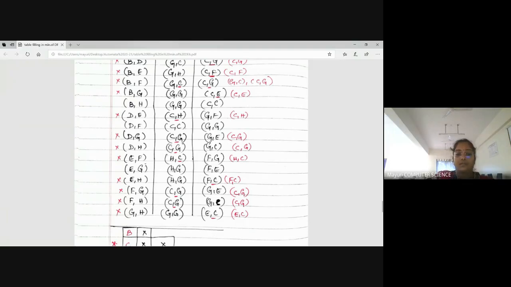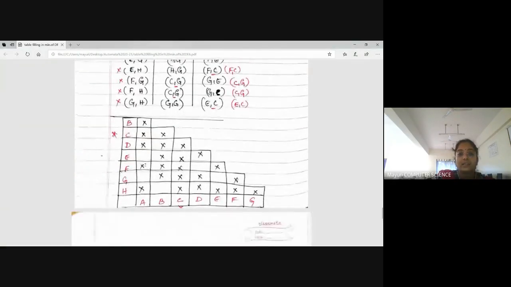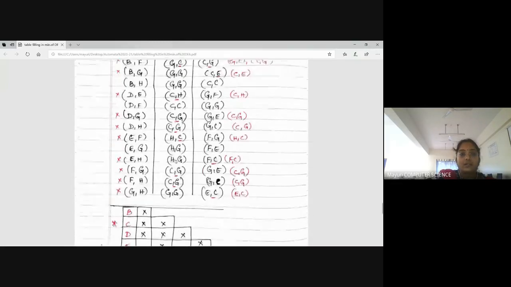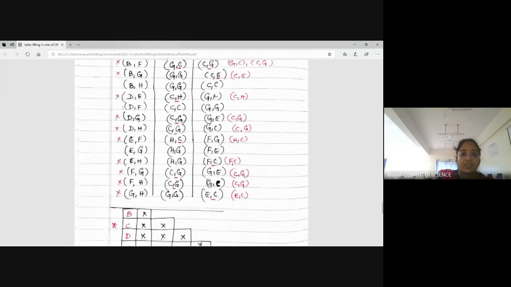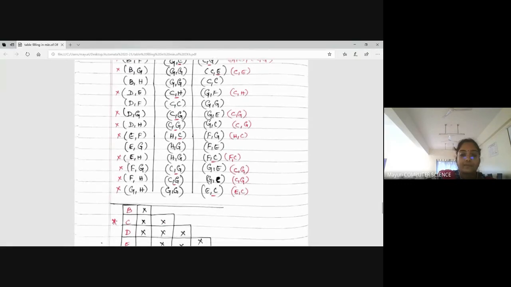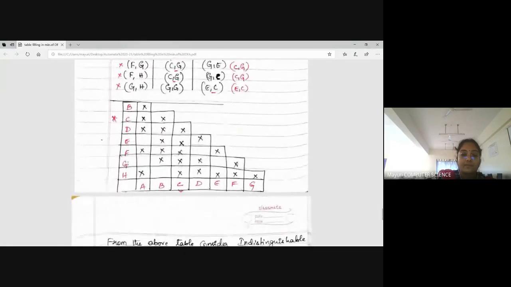So how you got all these crosses is based on the leftmost column cross marks. Earlier I had only C and then C, right?